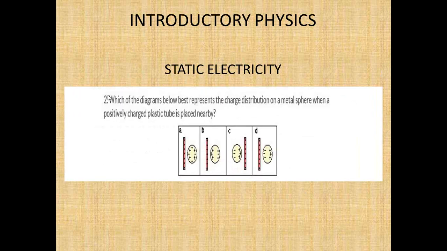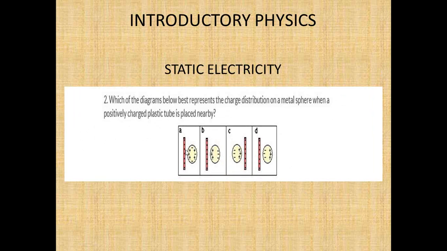All right, so question two. Which of the diagrams below best represents the charge distribution on a metal sphere when a positively charged plastic tube is placed nearby? In case A, you have a positively charged tube in close proximity to a metal sphere.